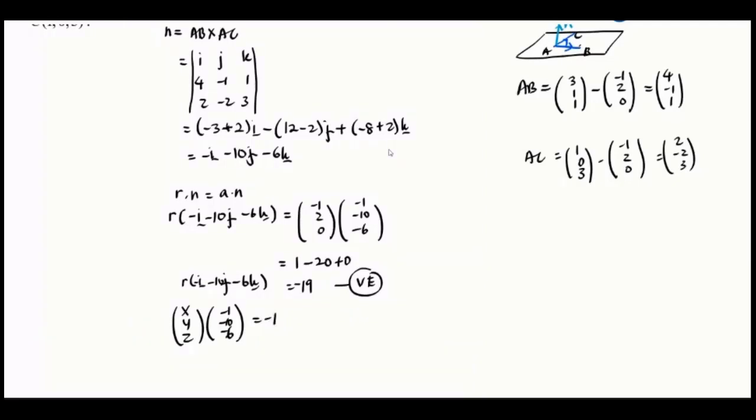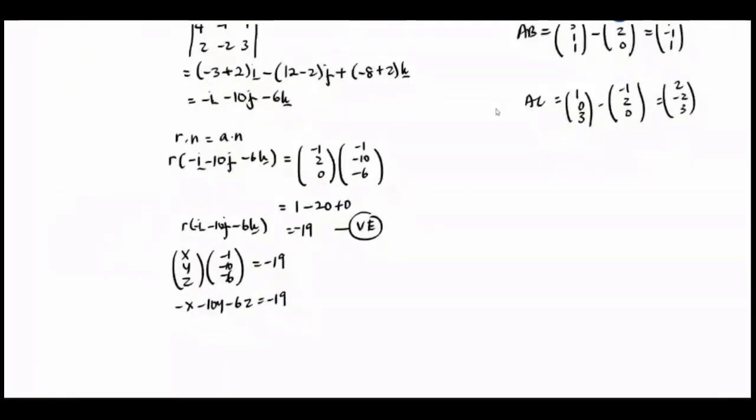It will be negative X minus 10Y minus 6Z equal to negative 19. Okay. At this stage, you can simplify, since we have equal to something. If it is an equation, we can divide the whole thing by negative. So it will be X plus 10Y plus 6Z equal to 19. So this one will be the Cartesian equation.